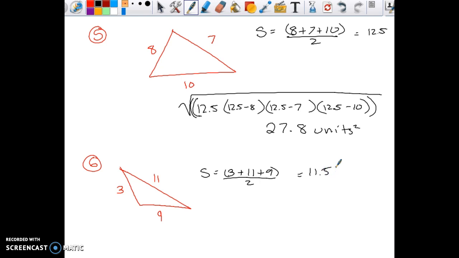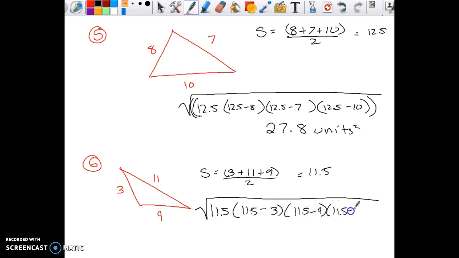Okay. If you're lucky, it's nice when S is not a decimal. But it's not that bad when it is. Take each side, subtract. Okay. Now, one thing you could do if you don't feel as comfortable with the calculator is you could easily figure out what each individual piece is.